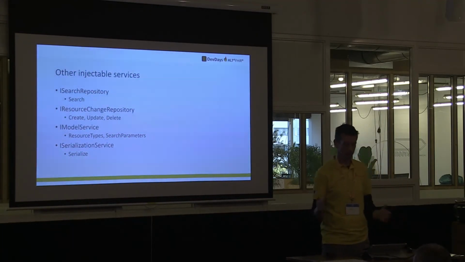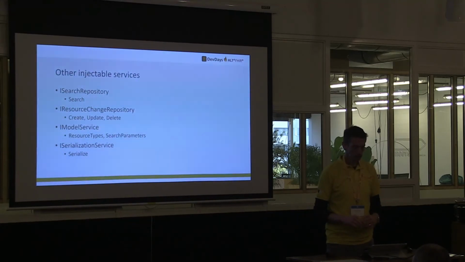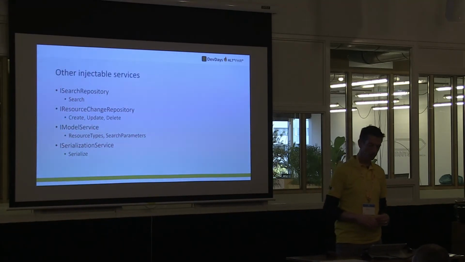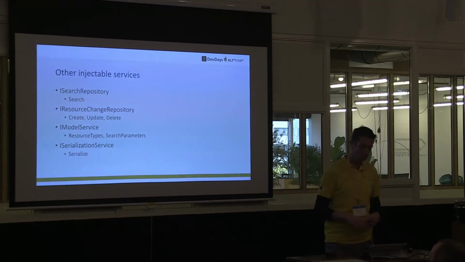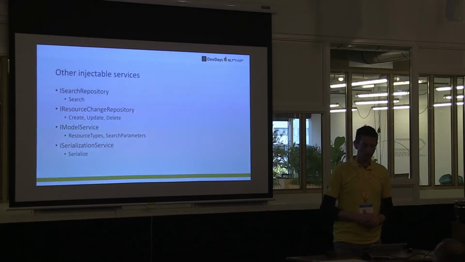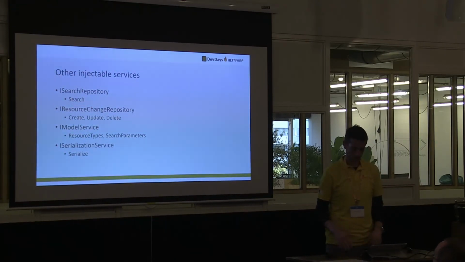Same abstraction. The model service will tell you which resource types are in scope and which search parameters you know of. You will often not need that because that is done upfront already. And sometimes you might need the serialization service, but in general that is being done for you by Vonk. You just return the resource and Vonk will see that it's serialized in whatever format was asked for.